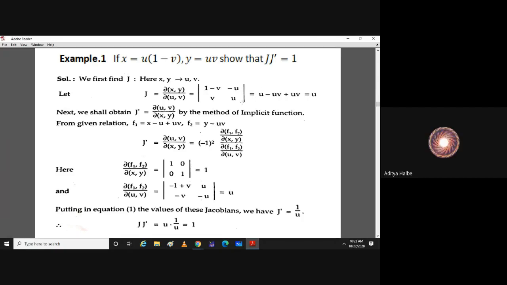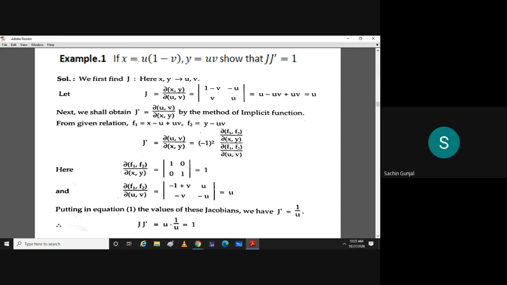Sir, would it be about using F1 and F2? See, is u an implicit function? Yes, sir. It is implicit. Are you sure? That means you can't express u in terms of x and y. Sir, I think you can express.